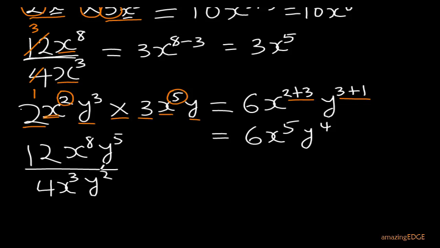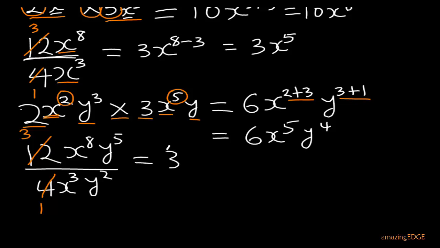Again, we look at that division. We handle the numerical division first. So 4 can divide 12. When 4 divides itself, we have 1. When it divides 12, that will give us 3. So we have 3 over 1, and 3 over 1 is equal to 3. So we pull it out.